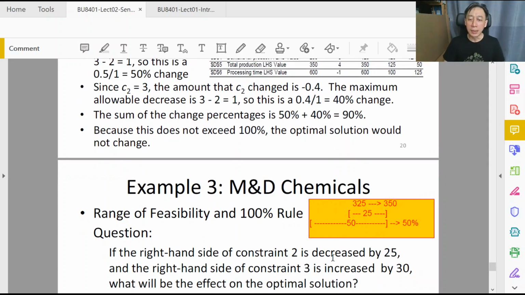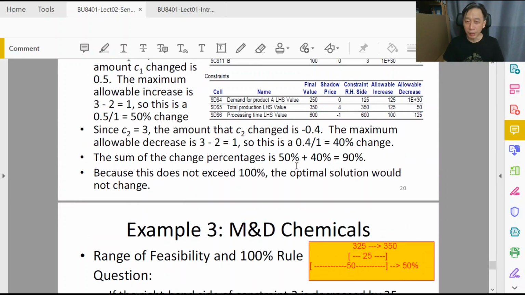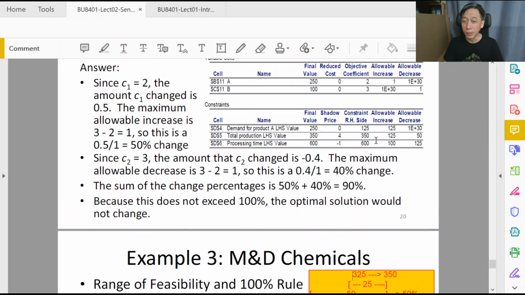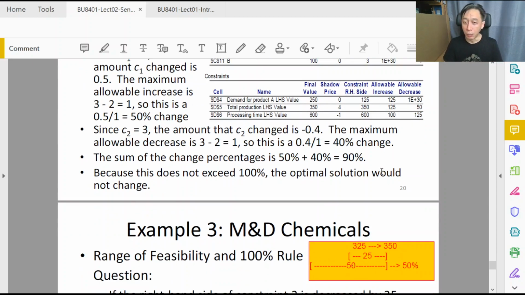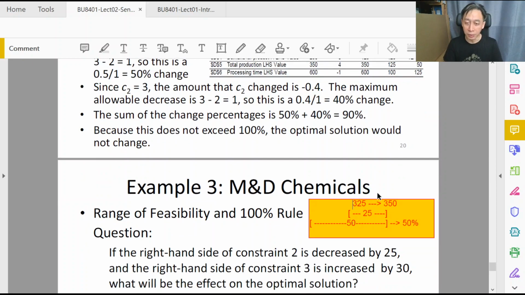Now the other change is constraint 3. Currently it is at 600, and we are proposing to increase, and therefore the entire allowable increase, the 100, is our 100%. So that makes it easy because it's also 100.